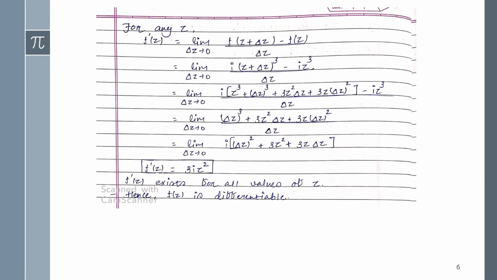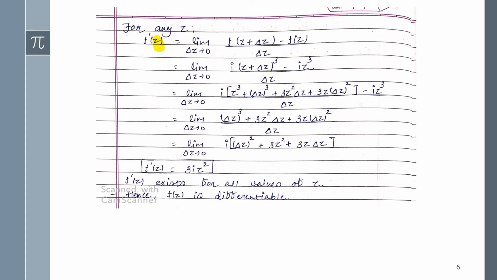So f dash z equals limit delta z tends to 0, and in place of z0 I am going to write z only. So f of z plus delta z minus f of z upon delta z.